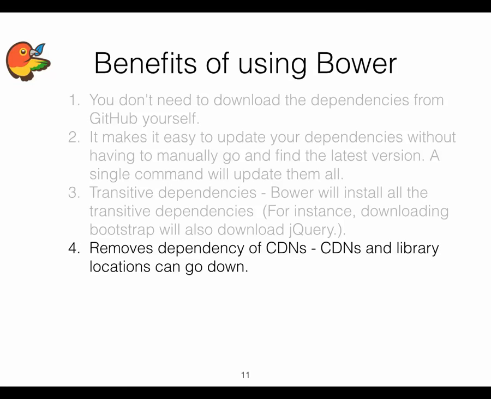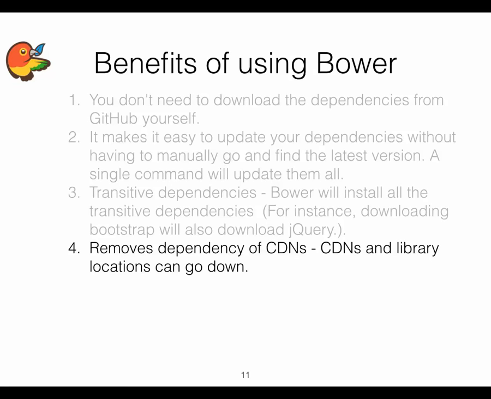Okay, so also we are using CDNs, right? CDNs, online path. Usually, let's say to use jQuery, we can put the jQuery CDN. Lots of CDNs are available. So using Bower, you can say that we don't need to depend upon CDNs, since the CDNs might go down at some time.